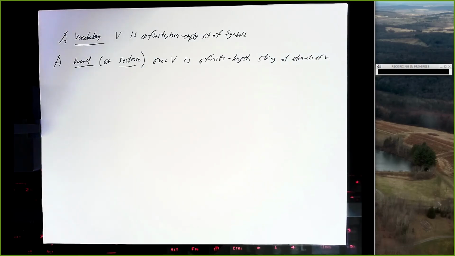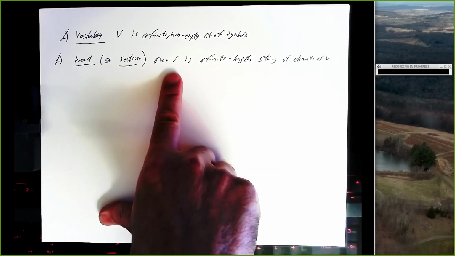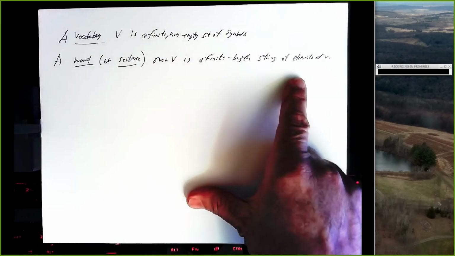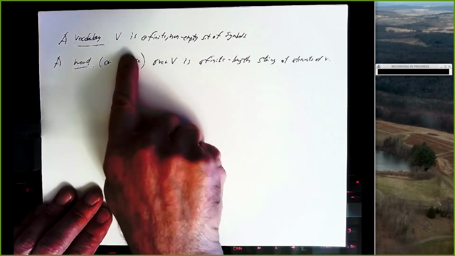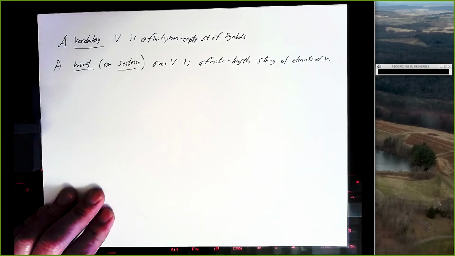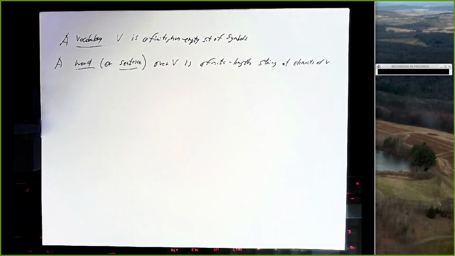So we could think of our vocabulary as being letters, and a word over that vocabulary being a finite length string comprised of those letters. Or we could think, a little more keeping with the way these terms sound, our vocabulary could be a set of words, and a sentence over that vocabulary is just a finite length collection of those words.